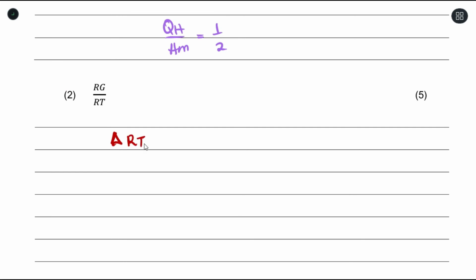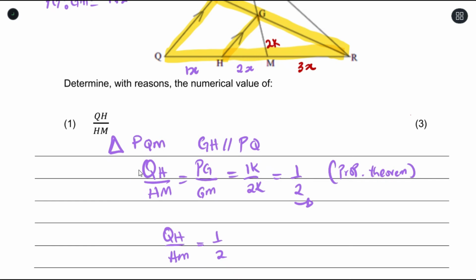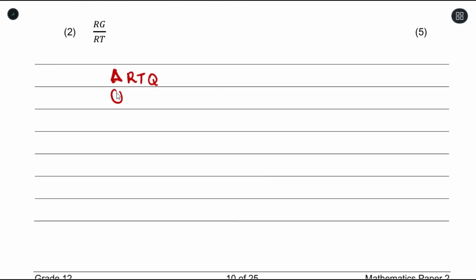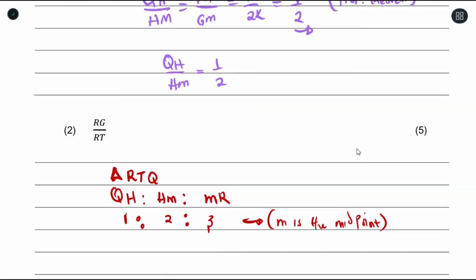Triangle RTQ. We found QH, HM, MR. Okay, now this one here is 1:2, and this one here will be ratio 3. We knew this because we're told M is the midpoint. GH is parallel to TQ.